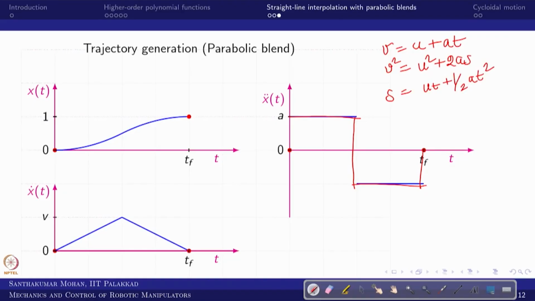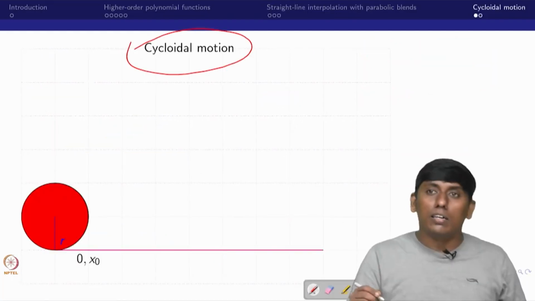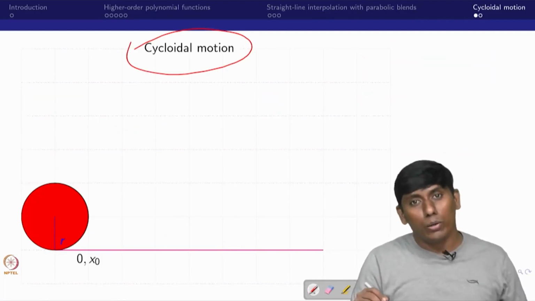So even if you bring the initial position, then plus s naught, and this is right. So like that you can bring it. These are the 3 equations of motion that we can use to get this parabolic blend. Okay, so now in that sense we will go to one additional trajectory generation, what you call cycloidal motion.